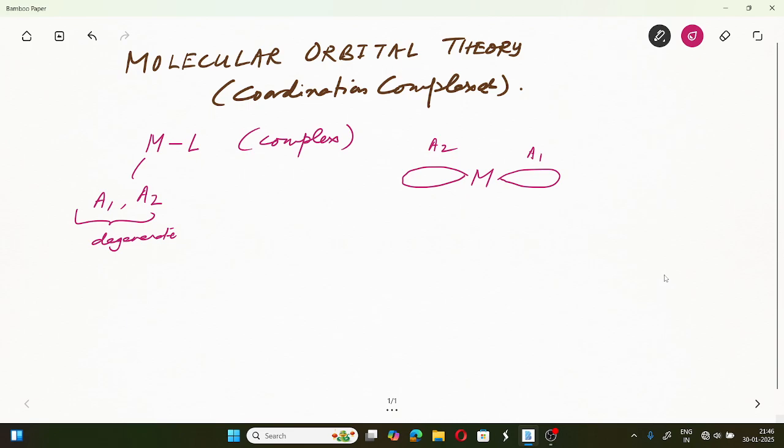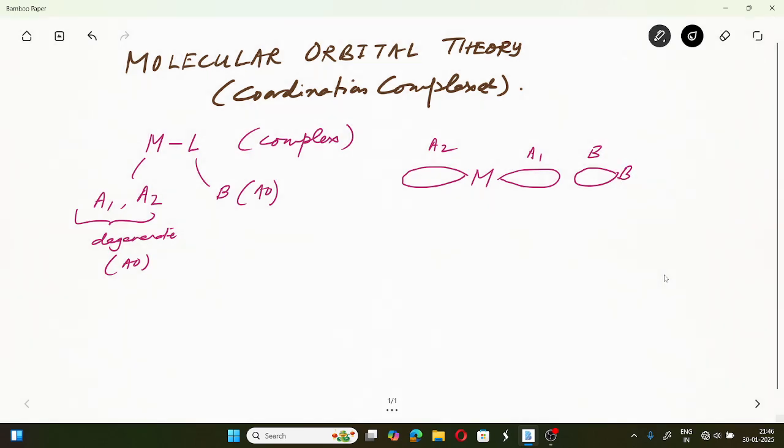And considering this ligand to approach the metal, the orbital of the ligand, these are the atomic orbitals, of course. The atomic orbitals of the ligand which should be involved, say if the ligand approaches from this side, then say this is the ligand, this is the atomic orbital of the ligand B, which should be involved in bond formation.